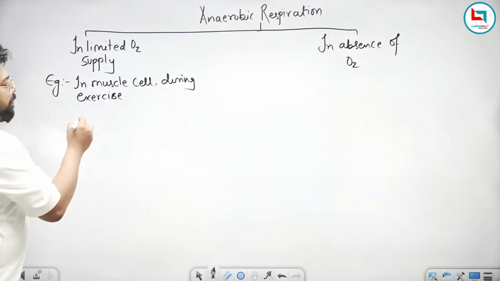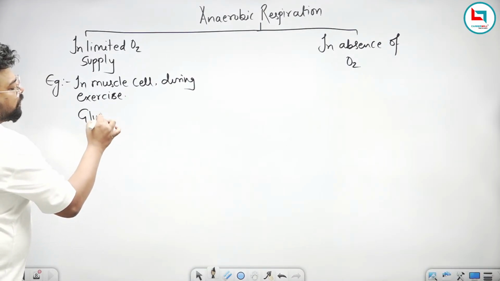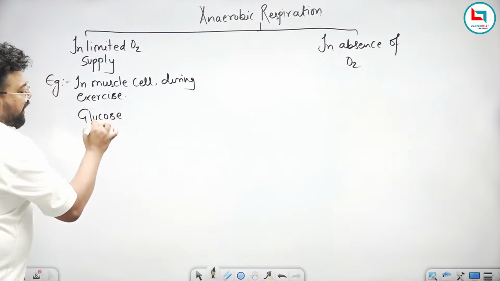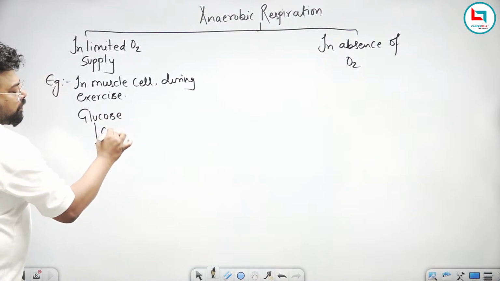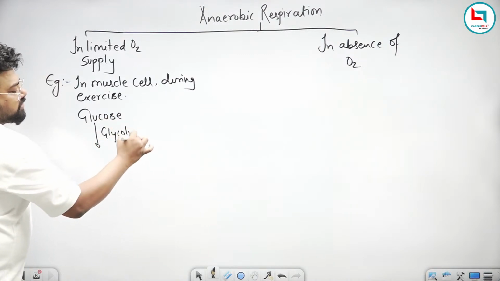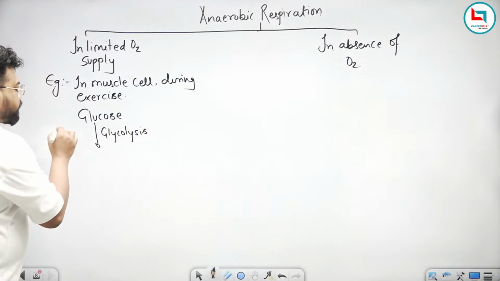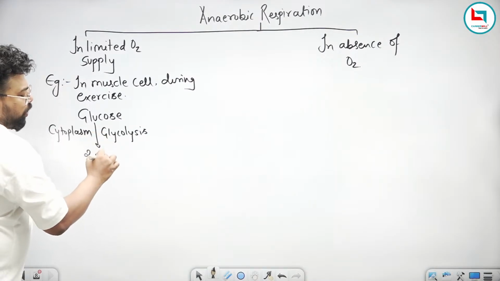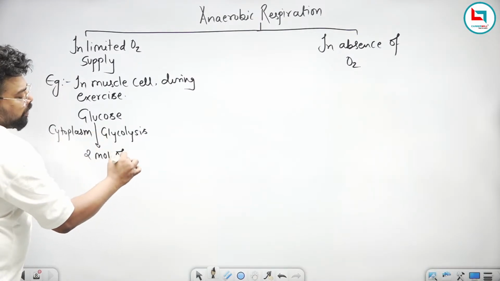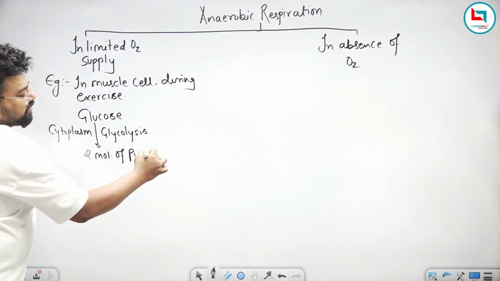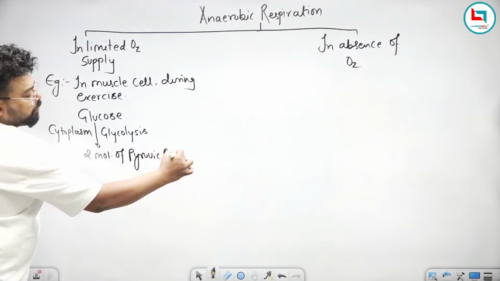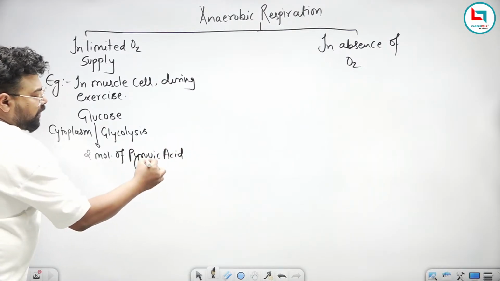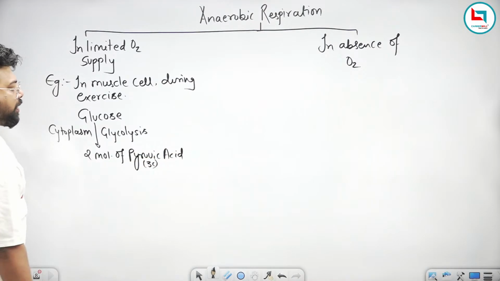Now what will happen? Glucose in glycolysis, which occurs in the cytoplasm, will form two molecules of pyruvic acid, which is a 3 carbon compound. How many carbons does it contain? 3 carbon.